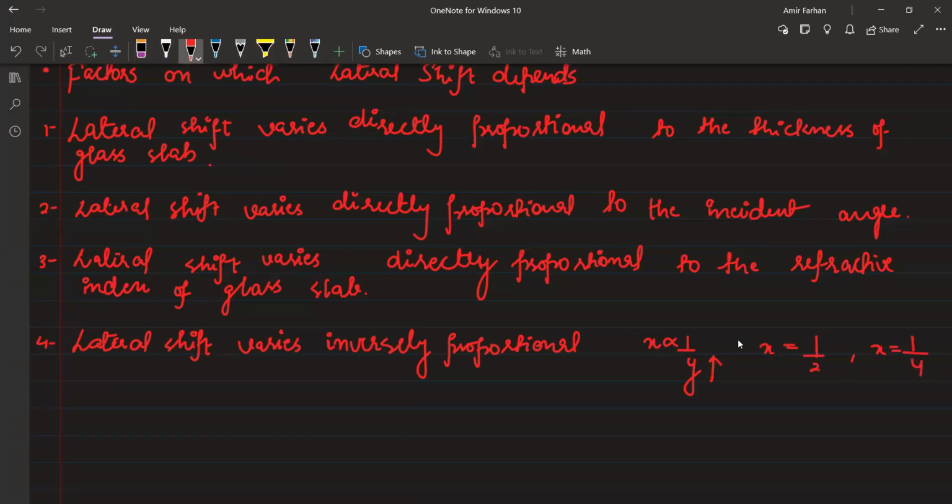Now tell me which one is greater, 1/2 or 1/4? 1/2 is greater, which means that if you increase the value of Y, X will decrease, yes or no? So that's what inversely proportional is. If you increase one of these properties, the other related to it would decrease. Clear? Everybody, yes or no? Yes, sir.